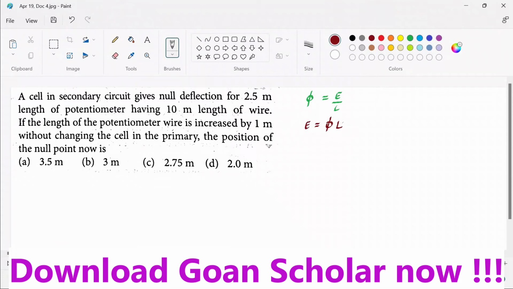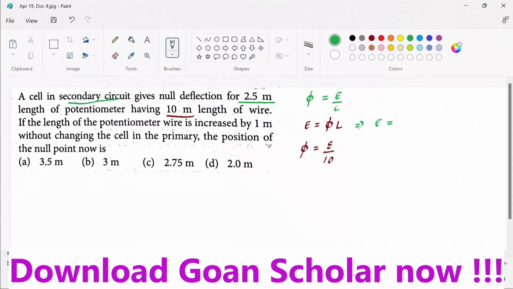So let's find the potential gradient. Phi is equal to, let's say the EMF of the initial one is E, so E by L, where the length is 10 meter initially. Now since the secondary circuit gives a null deflection at 2.5 meter length of the potentiometer, what can we say?